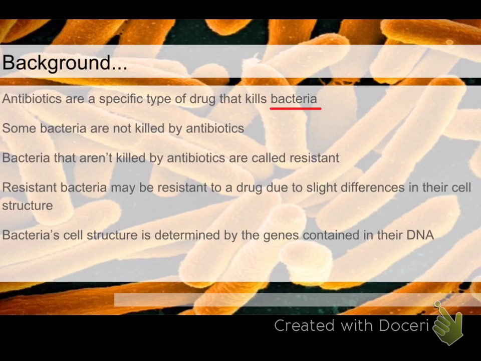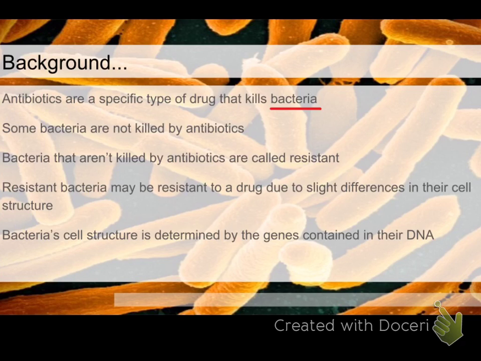Bacteria that are not killed by antibiotics are called resistant. Resistant bacteria may be resistant to a drug due to slight differences in their cell structure. And bacteria's cell structure is determined by the genes contained in their DNA.